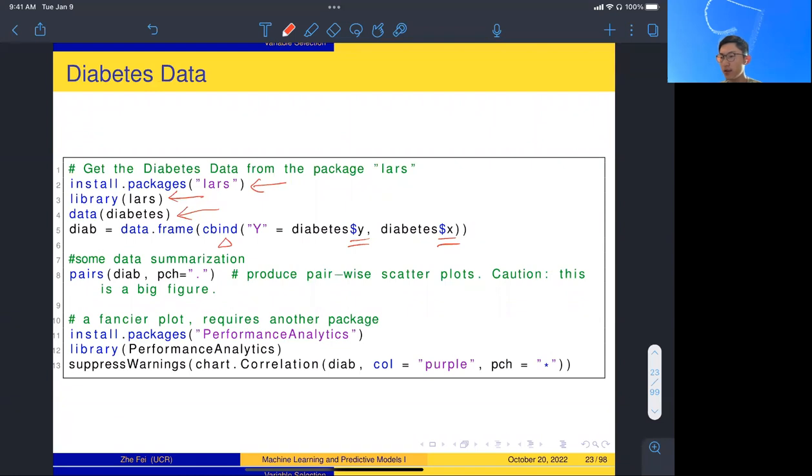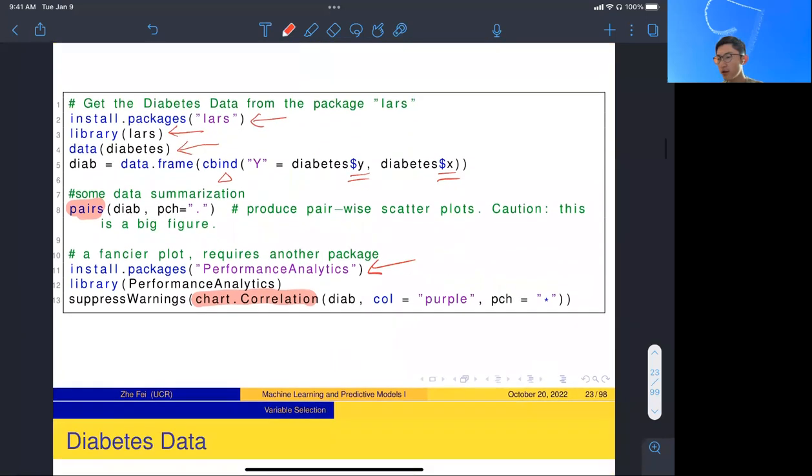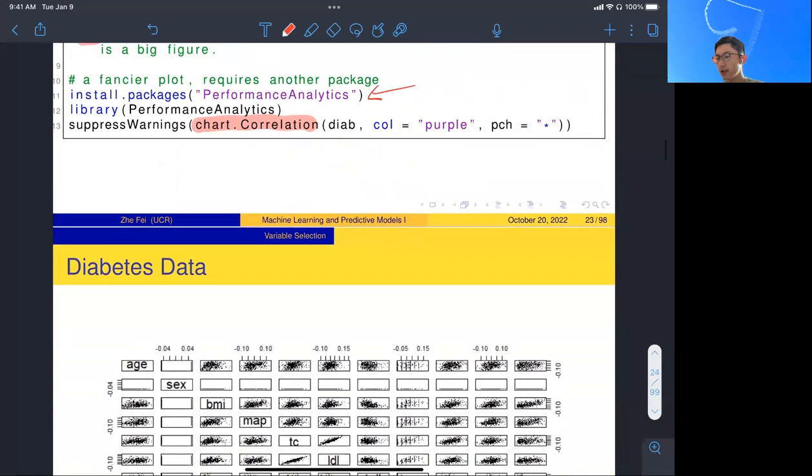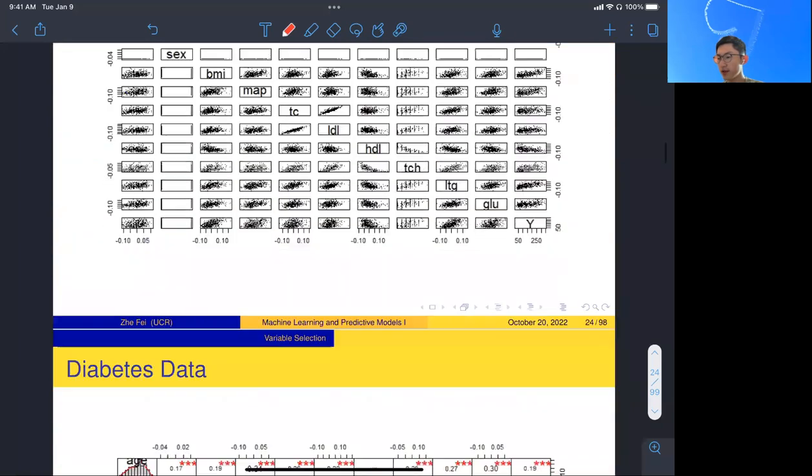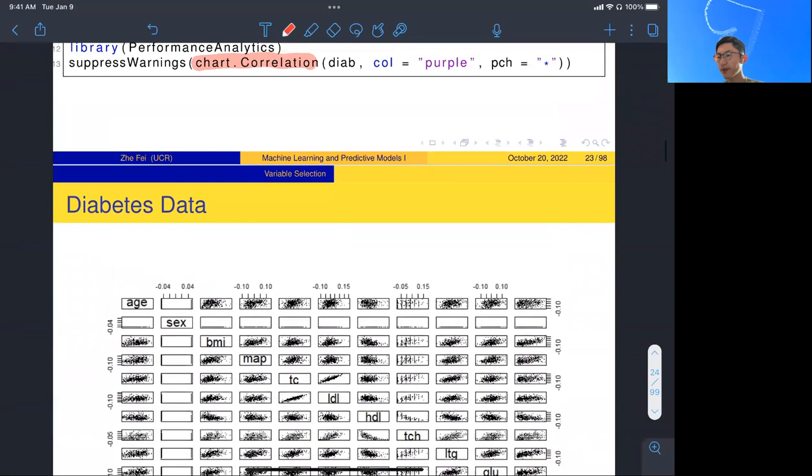And so there is a data visualization tool. You could either use the pairs function, right, or the more fancier function called chart correlation in this R package, right? You could check out after the class as well. So they give you the same thing, or similar things.